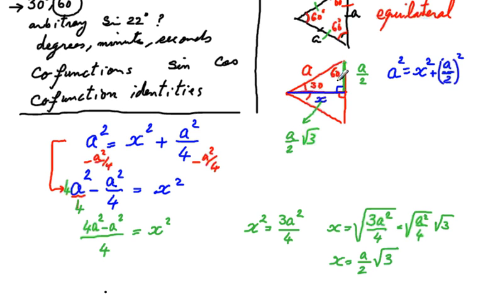Now let me redraw this triangle so that we remove all this clutter here. Let's remember, if the hypotenuse is a, the opposite of 30 degrees is half of the hypotenuse, and adjacent to 30 degrees is a over 2 radical 3.